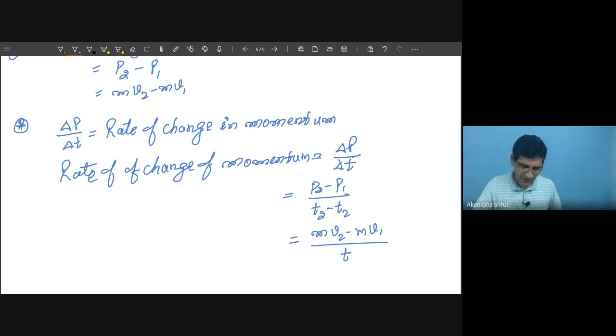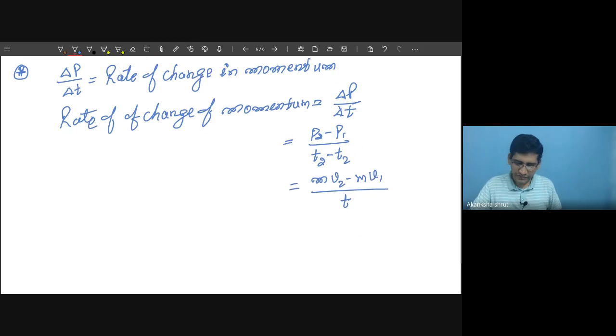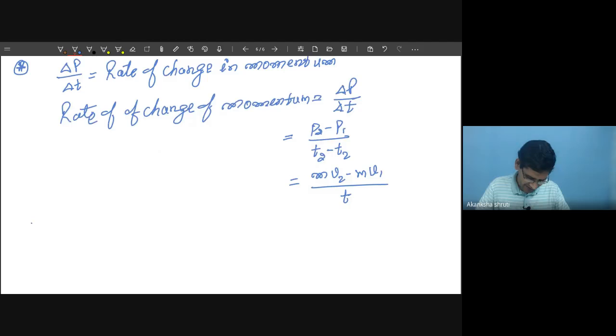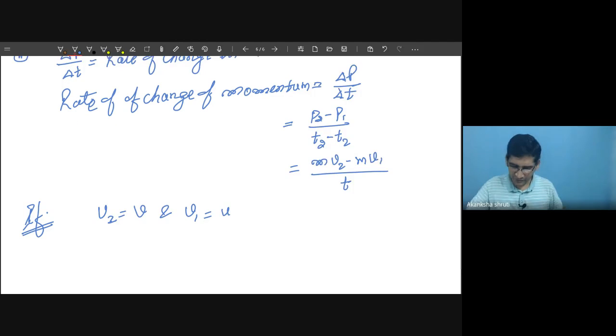Okay, students? Now, if we observe carefully, say this V2 is taken as V and the initial velocity V1 is denoted as U. What does it mean?